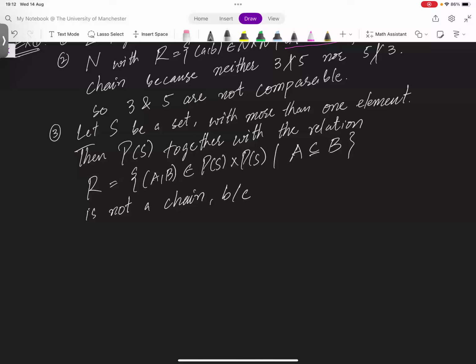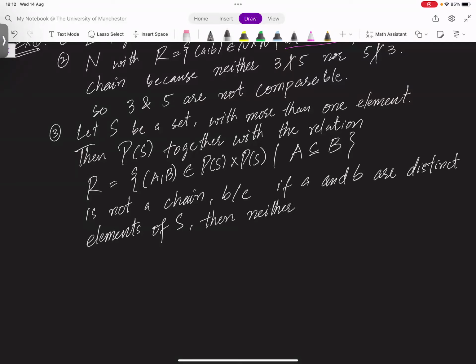Because if A and B are distinct elements of the set S, then neither this set is a subset of this set, nor this set is a subset of this set.